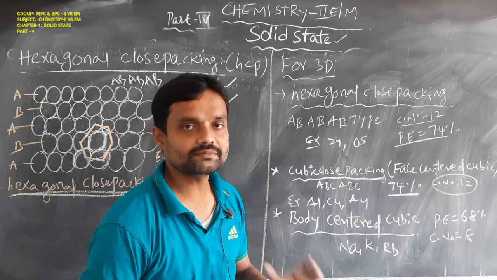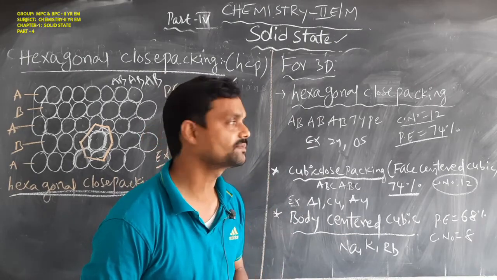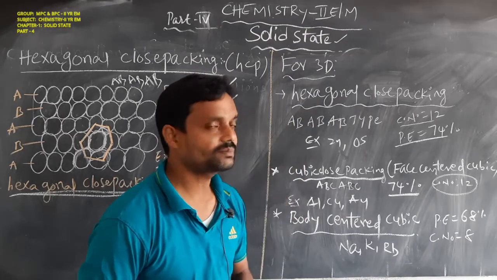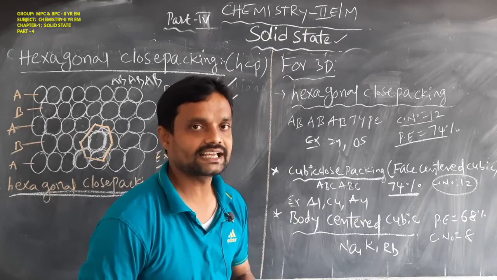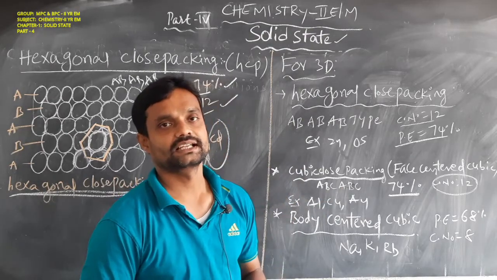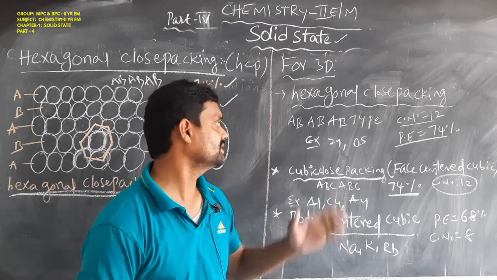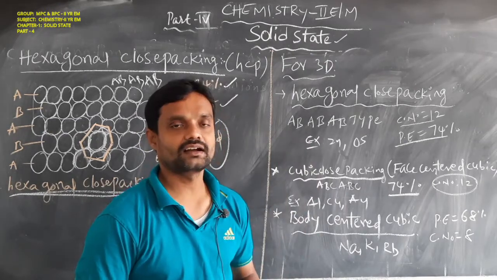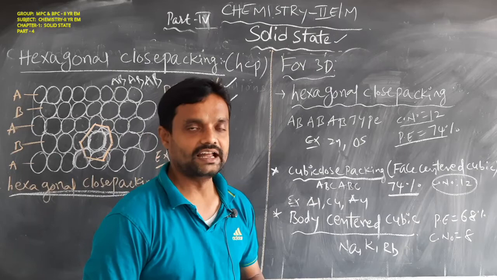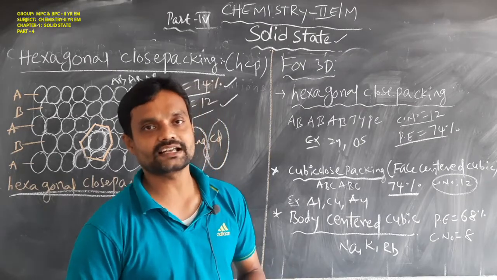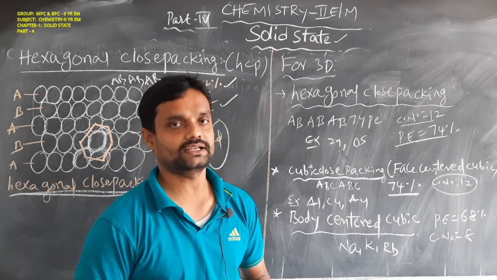This is the three-dimensional hexagonal close packing. Examples of metals for this are zinc and osmium. Metals like these are arranged as hexagonal close packing.